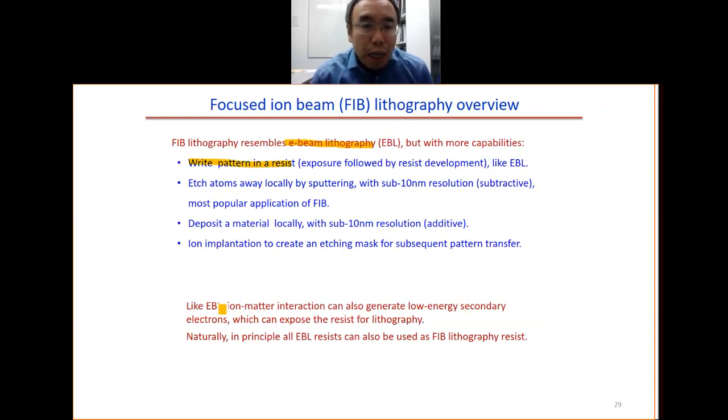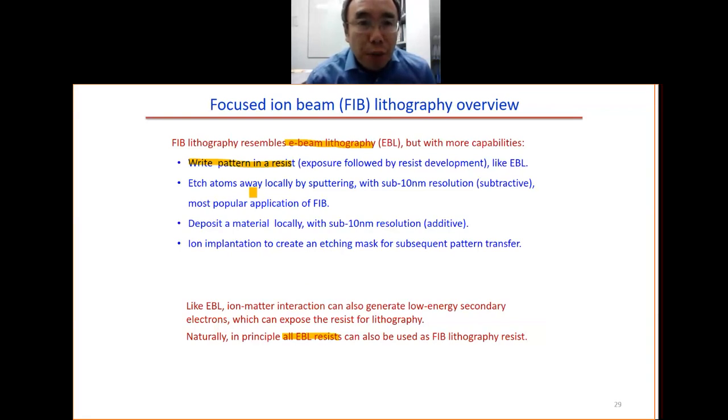So the ion beam can also be used to expose the resist, and all the electron beam resists can also be utilized as ion beam lithography resists, because in both cases, it is the low energy secondary electrons that are mainly responsible for the exposure of the resist.